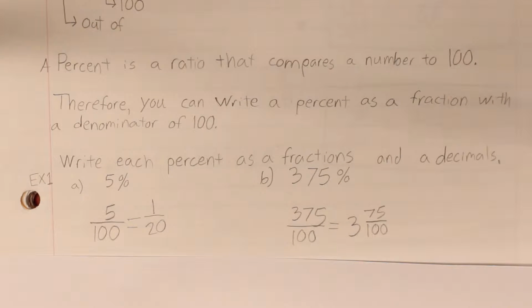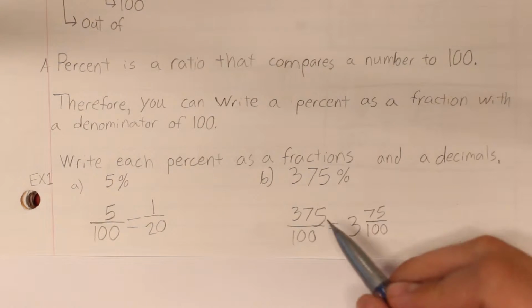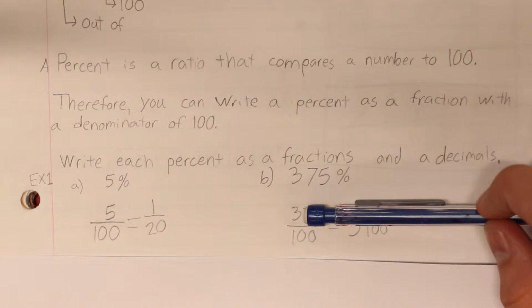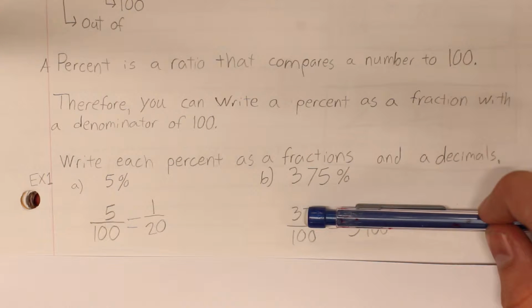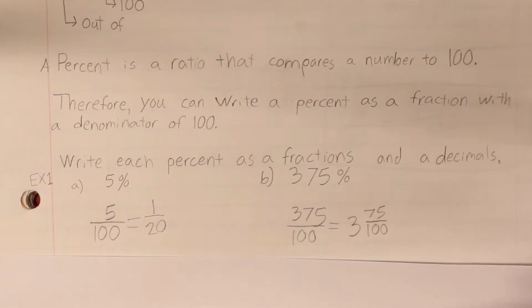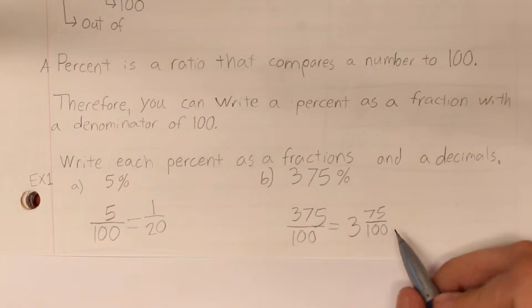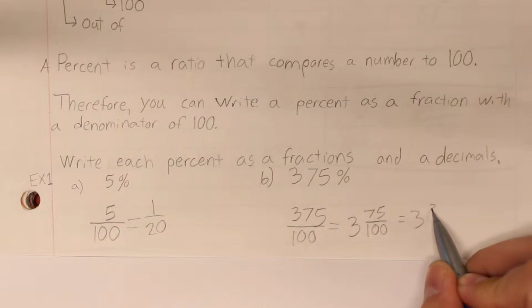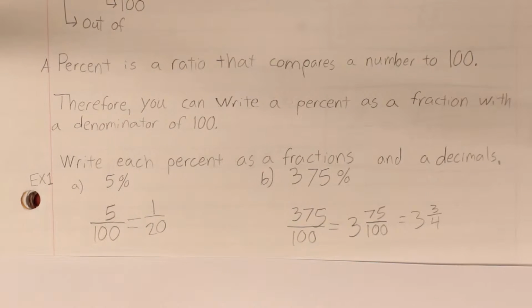So that's my mixed number. It's real easy to do. So long as you have 100, basically anything past these first two digits is going to be your whole number. That's how easy it is. That's why I like converting it right now. It's a whole lot easier to turn into a mixed number. Well, I know that this can reduce to 3 3/4.